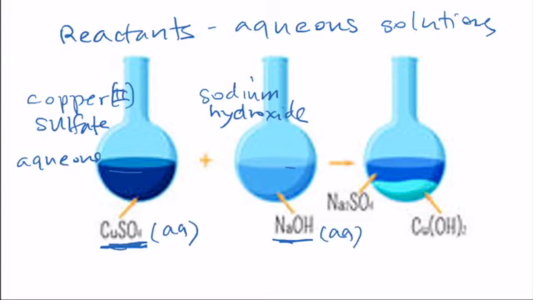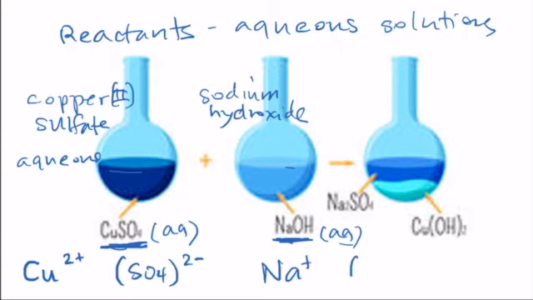So what that really means, though, is you have the aqueous ions, which are Cu2+ and SO4 2-. You also have, instead of the NaOH compound, the Na+ ion and the OH- ion.